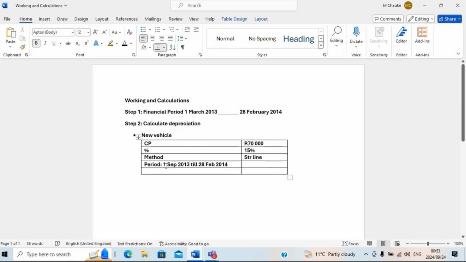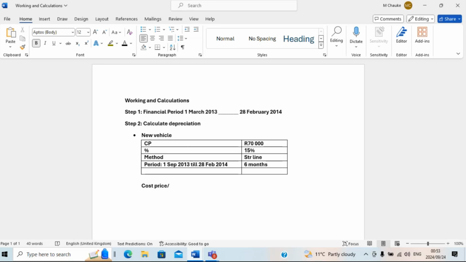We have to count how many months this vehicle was in the business. So we're going to say September, October, November, December, January, February. I got 6 months, so you put 6 months there. That is the period.